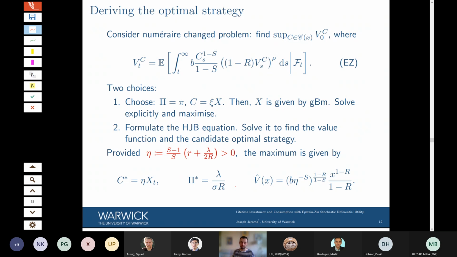It's only our risk aversion, which is kind of interesting. And we are going to consume a constant proportion of our wealth, eta times x. And then here's the value function, but it doesn't really matter what that is apart from in the proofs, and they're going to be pretty light.